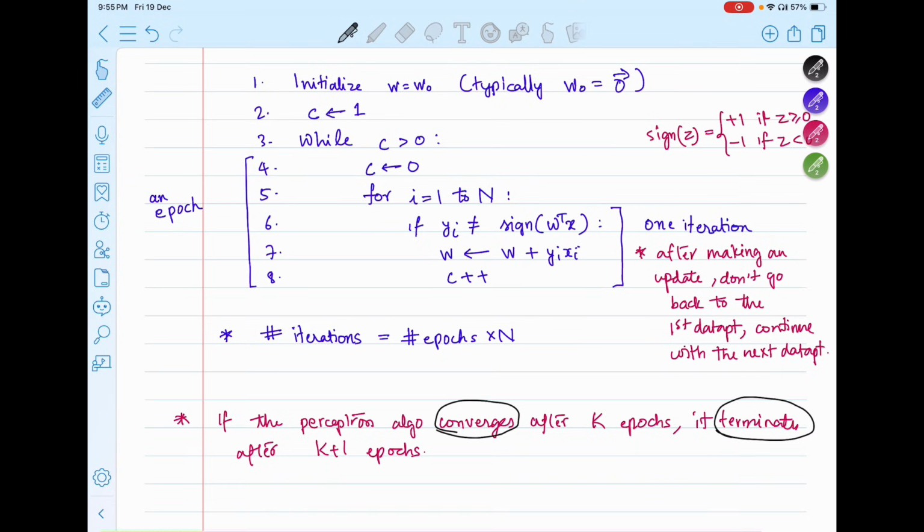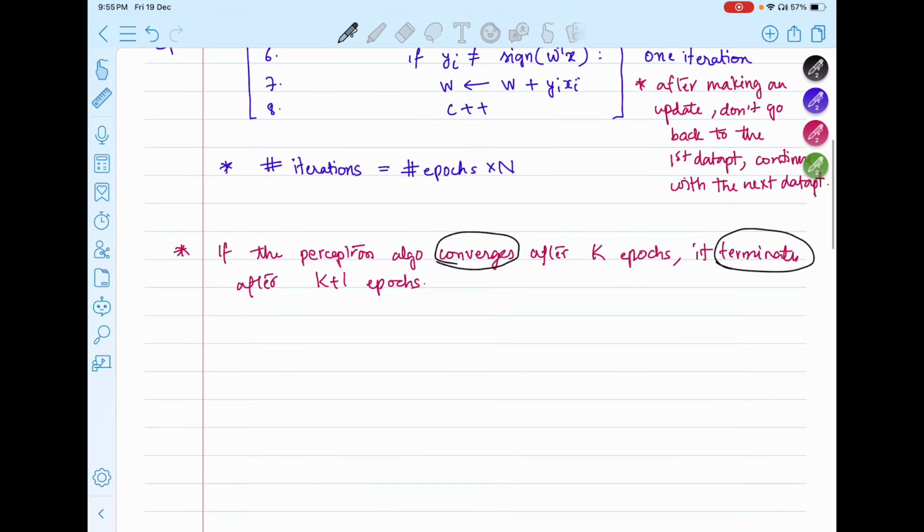So when we stop the algorithm, it's called termination, right? So you're basically having one extra round, or one extra epoch with no updates. That is why it is terminating after k plus 1 epochs.